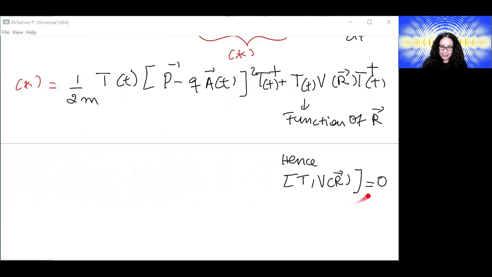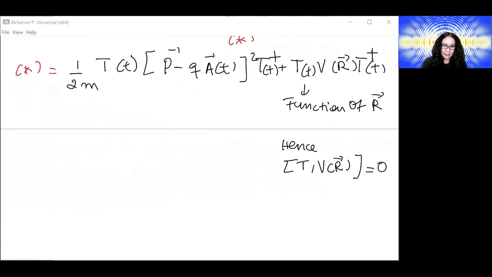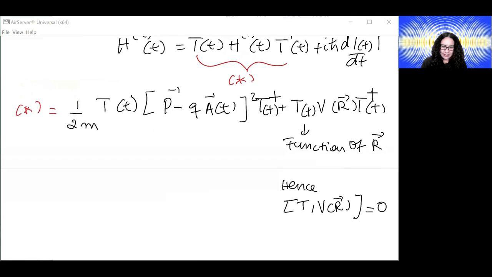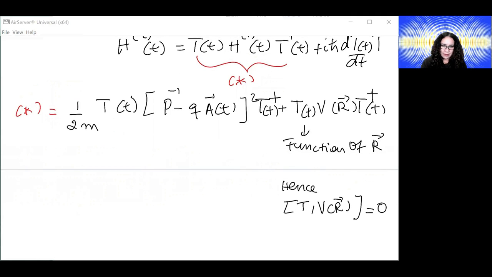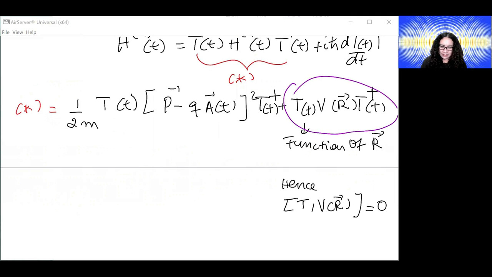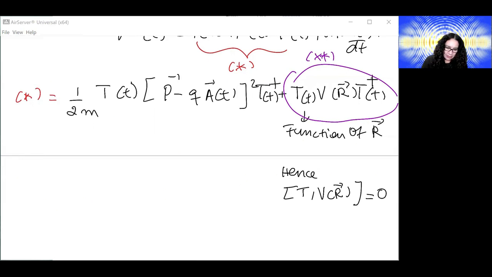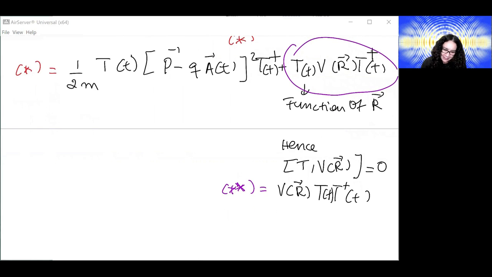So if this happens, if they commute, I can then say that this guy, which I'm going to surround in purple, and I call this true star, is going to be T P T dagger T. Now, we said this is unitary, right?